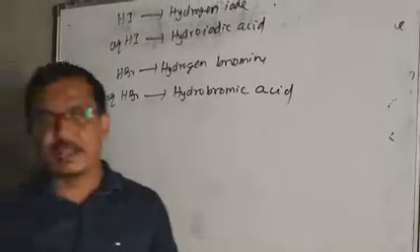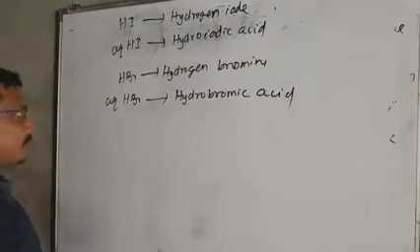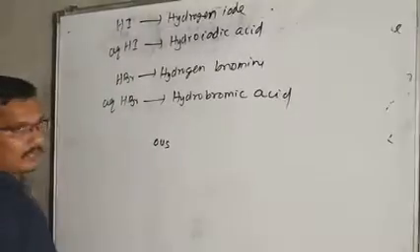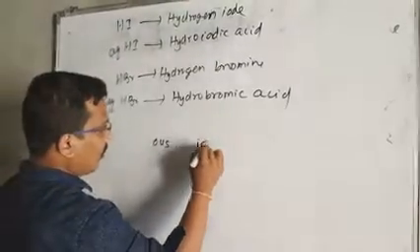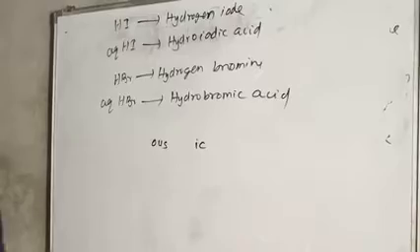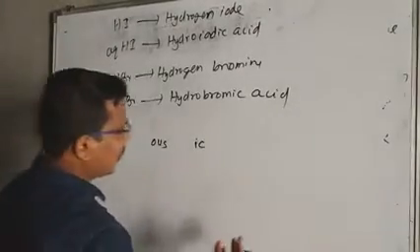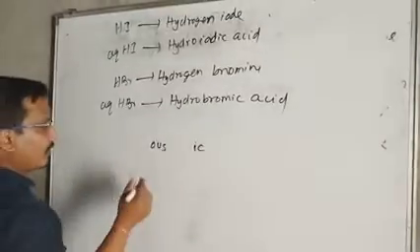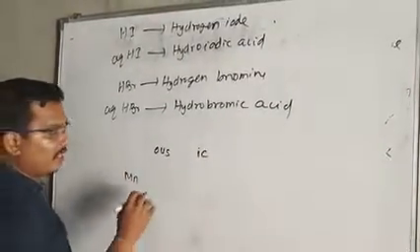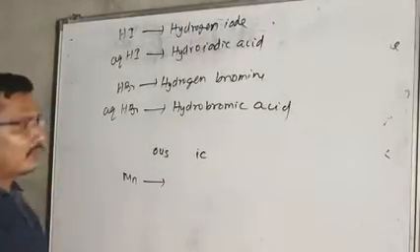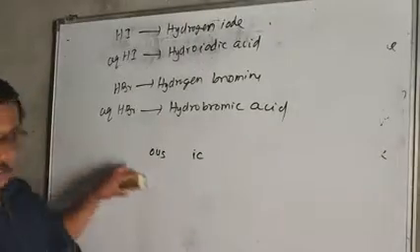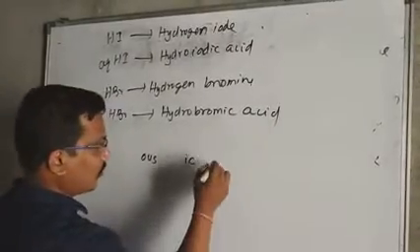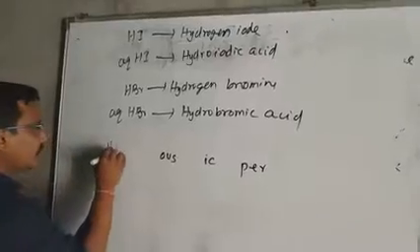How can you name the simple acids? Generally we think about two endings: one is ous and another is ic. But many atoms show different types of oxidation states. For example, manganese shows more than two types of oxidation states. So for naming such compounds, we can think about other prefixes also: one is per, and another is hypo.